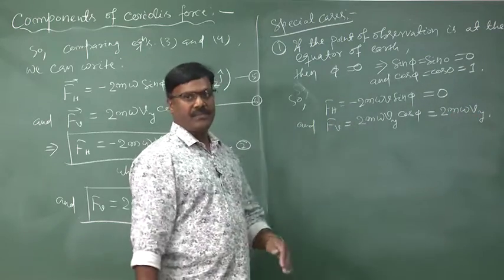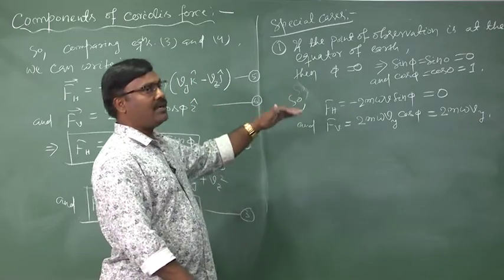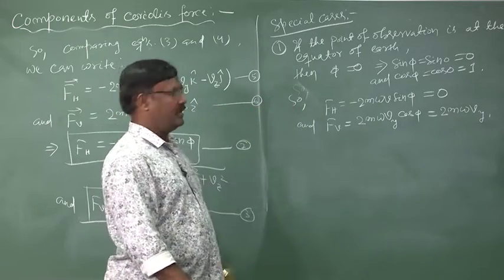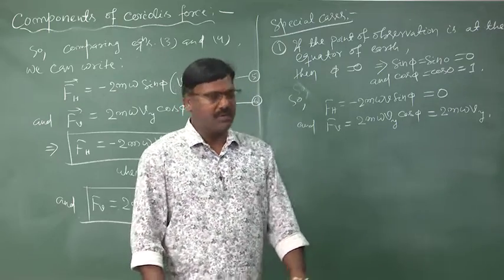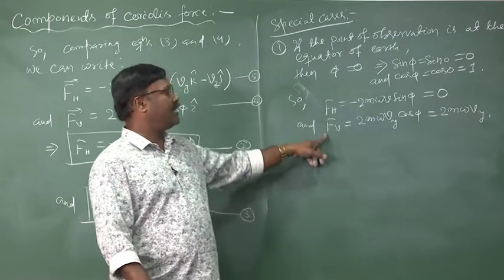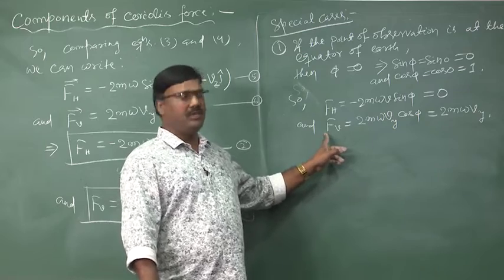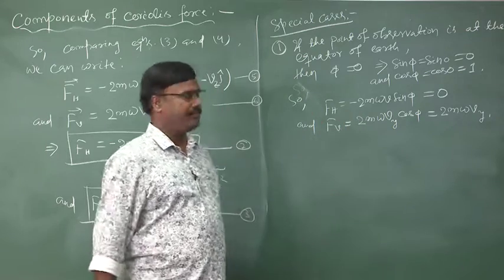That means at the equator of earth there will be no horizontal component of Coriolis force, but the vertical component of Coriolis force exists.